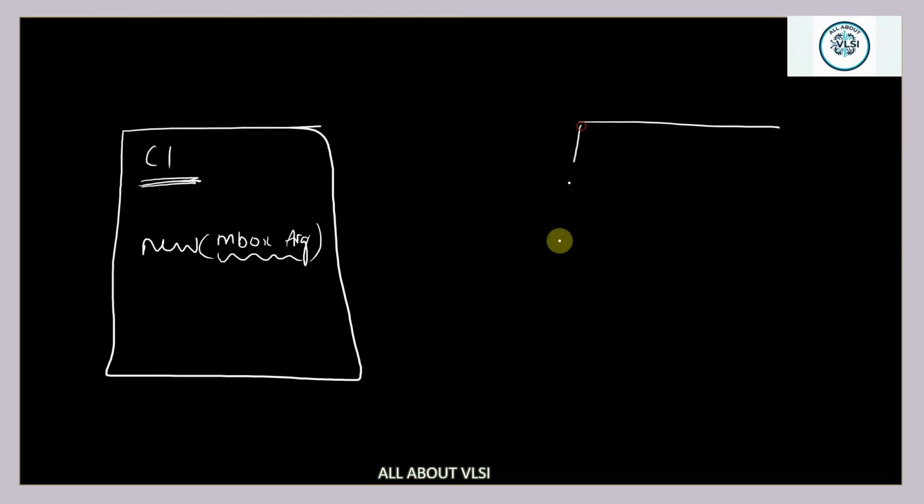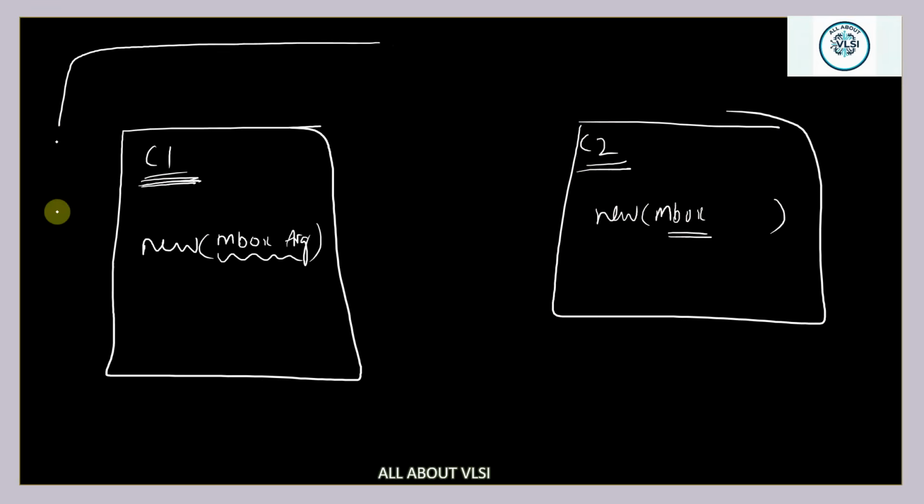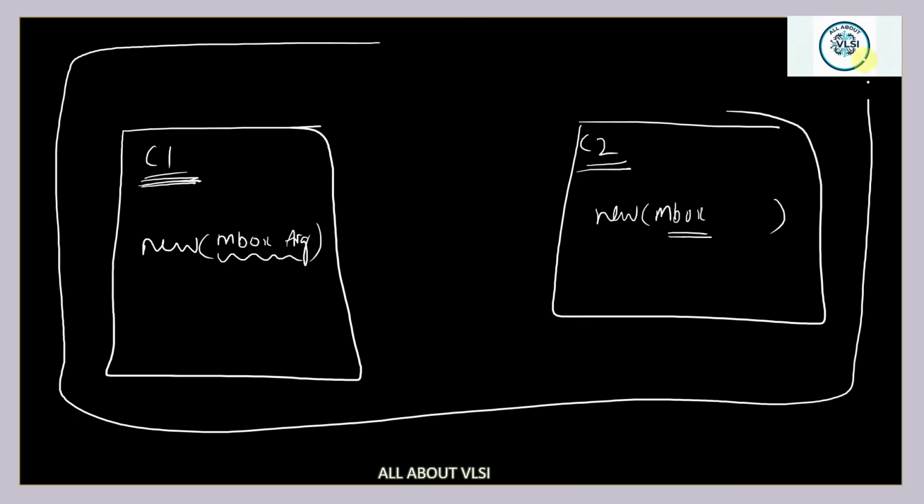And also we are going to declare C2, and C2 is also going to have the new method declared inside it, and the argument will be the mailbox handle. So whoever is going to create the instance of your C2 needs to pass the instance of this mailbox handle. And who is going to create the instance of your C1 and C2? Top model is going to create.